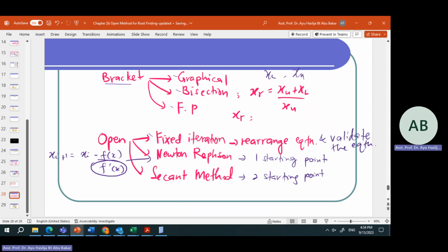Round off error and no, two different things. Round off error is the error that you need to find when you round off the figure. For example, the pi value, if you press the calculator, you will get a long version of the value.